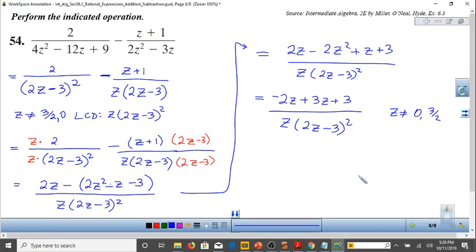So once again, you need to make sure you check your domain restrictions to ensure that you're not including values that are not supposed to be included. I left out the z squared, sorry. It's very important to take careful process here.